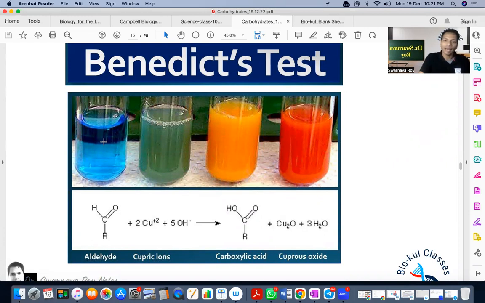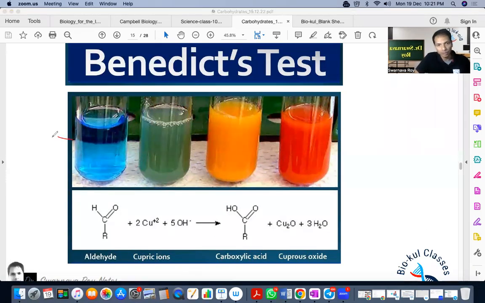This is basically a cupric solution, where the copper is in the Cu2+ state.